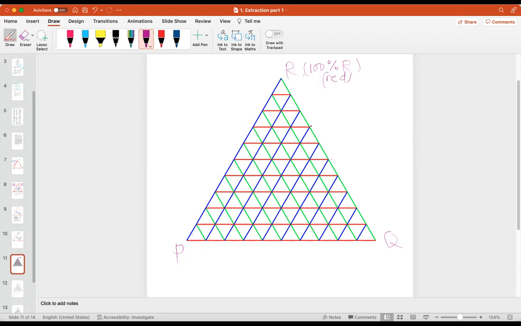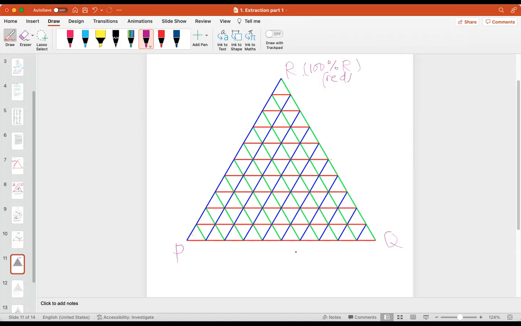So if you want to find your scale for P, you start from 0% P over here, 10% P, 20%, 30%, and so on up to 100%. If you want to find the percentage of Q, you follow the blue one.